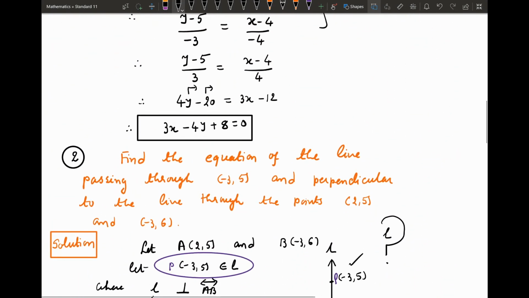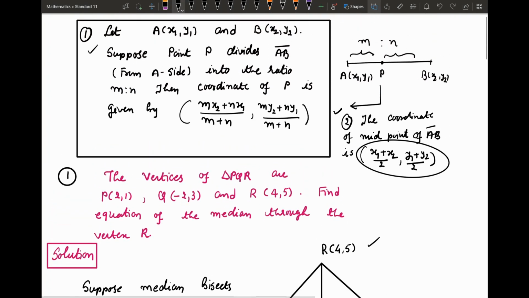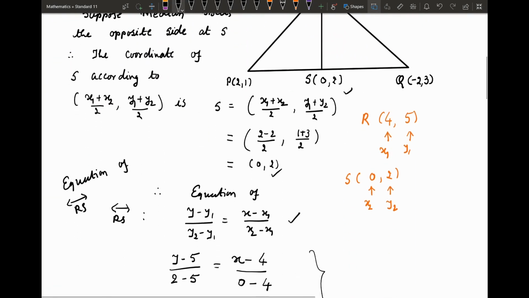We have already discussed this formula, so we have used this formula.